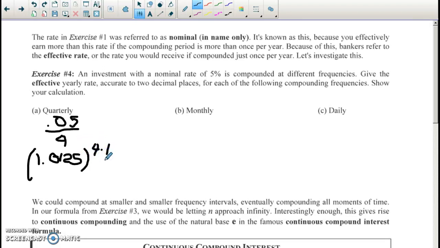So my effective amount that I would be getting would be 1.0509.